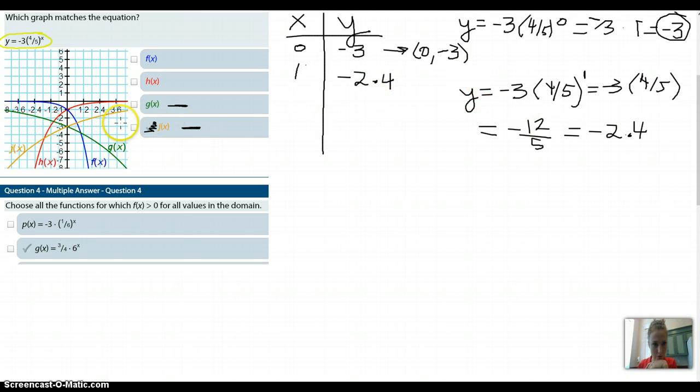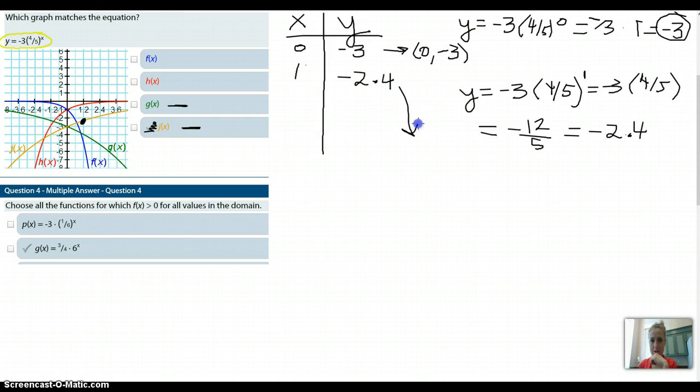Okay, so that means when x is 1, so if we go over one spot, then we'll have to go down 2.4, which looks like we're going to get a point right on this yellow graph. You see that? Right there.